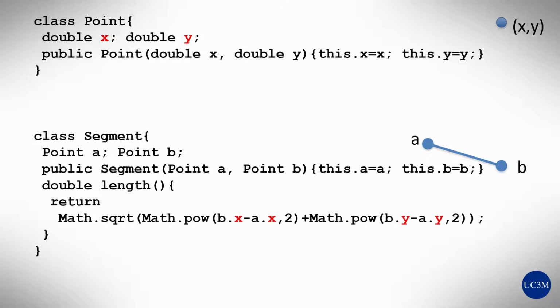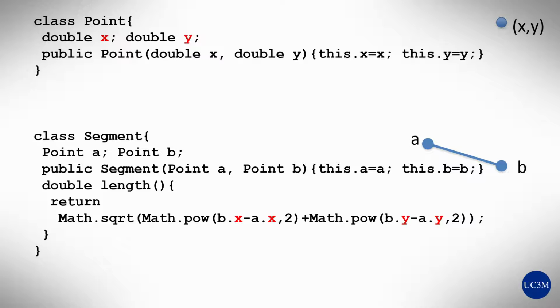Once we have defined class point, we can define class segment. A line segment is defined on a plane by giving 2 points. Therefore, we define 2 instance variables or 2 attributes for 2 points, a and b. Then we define a constructor segment in a straightforward way.